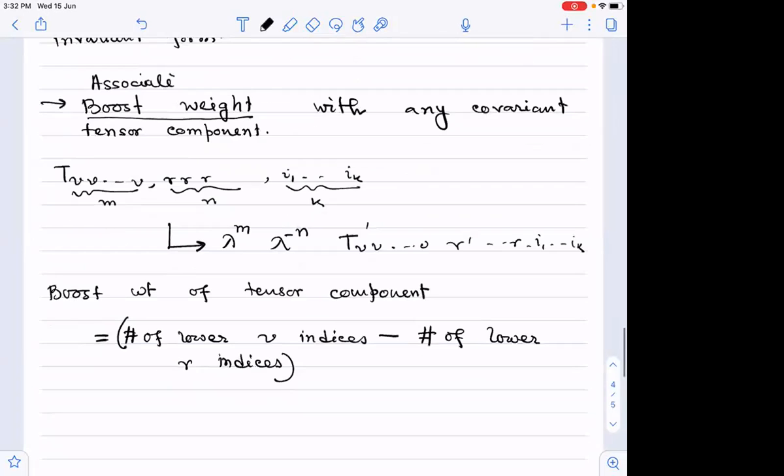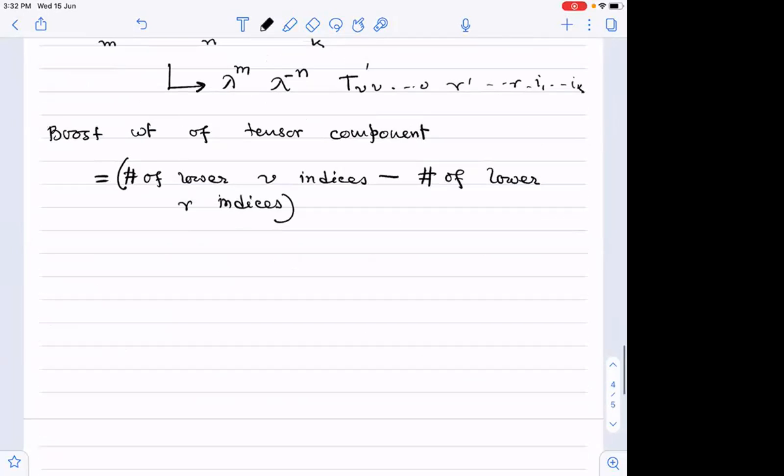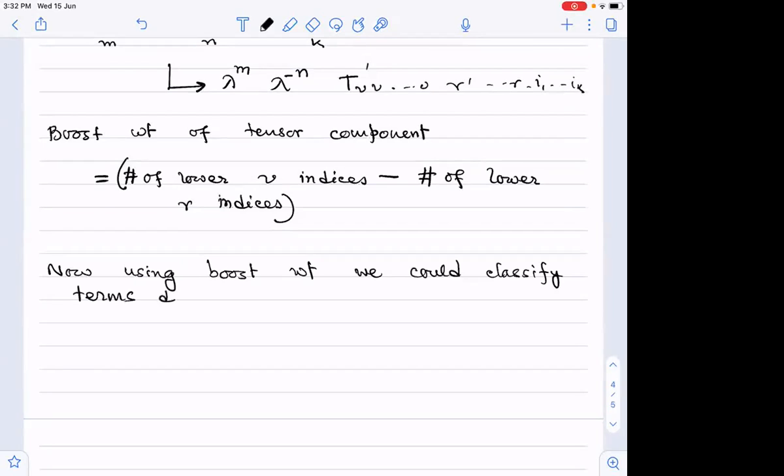Now why am I defining this boost weight? Using this boost weight, we can classify terms in terms of how close they are to stationarity.